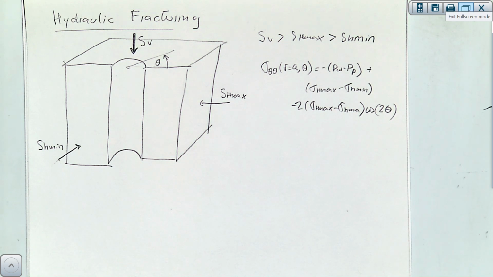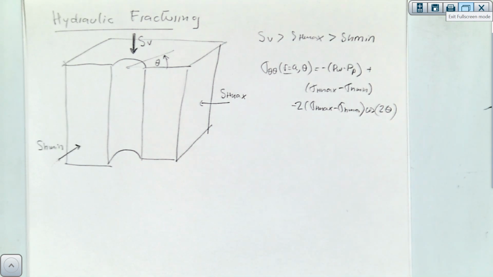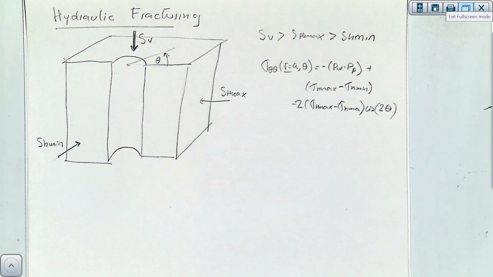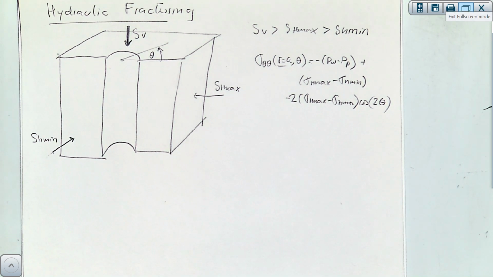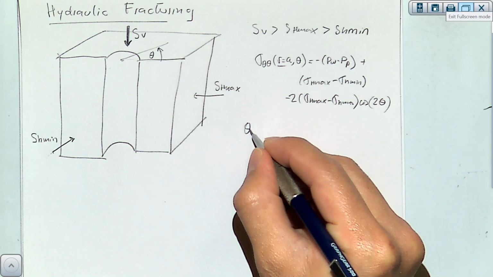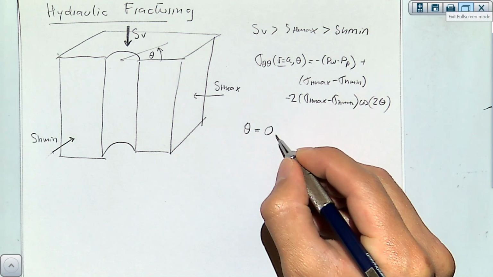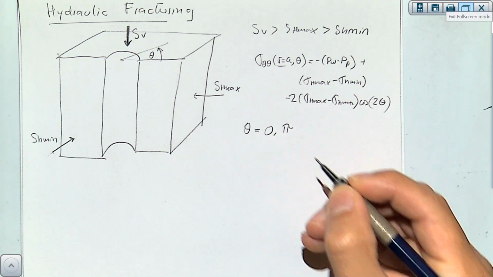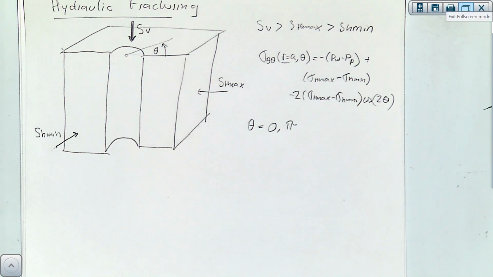but this comes out of the long equation of Kirsch, in which now we just set to find the stress at the wellbore, and we are interested in finding the point of lowest stress around. And if you remember, that's going to be for theta either equal to 0 or equal to 180 degrees.